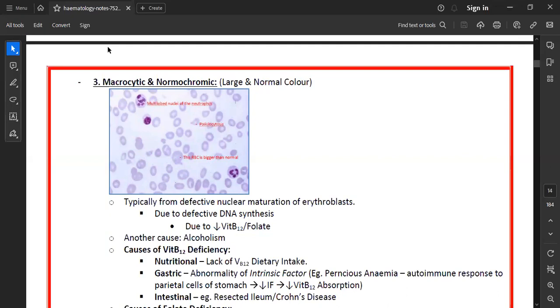So things that cause vitamin B12 deficiency: B12 is mainly from animal products, especially the liver.